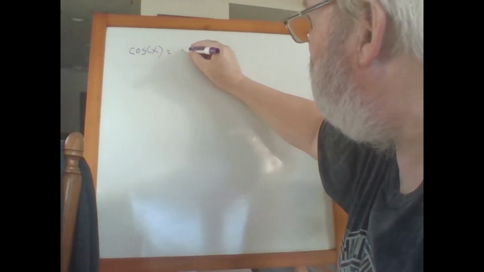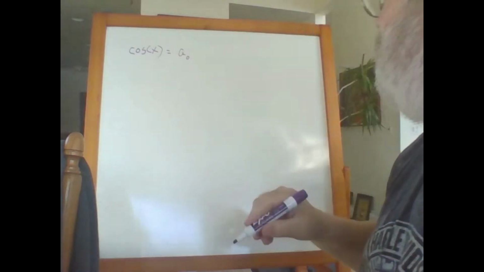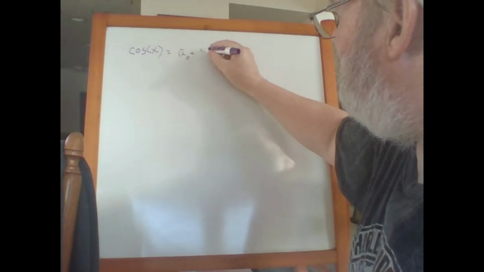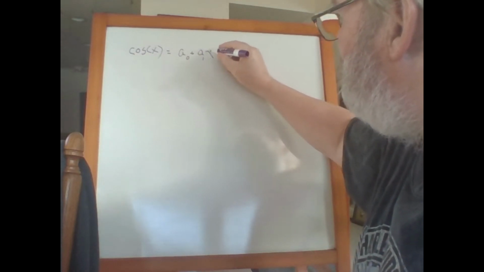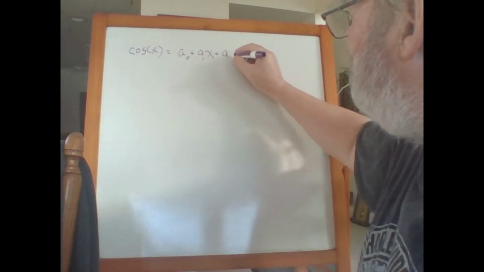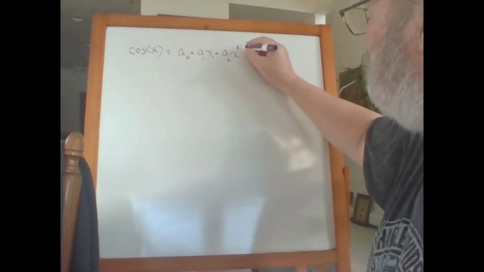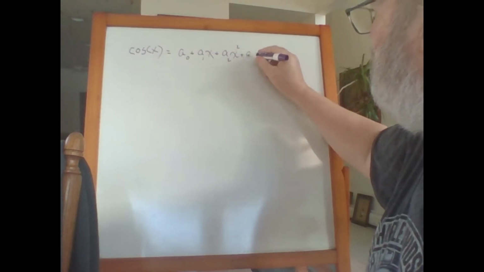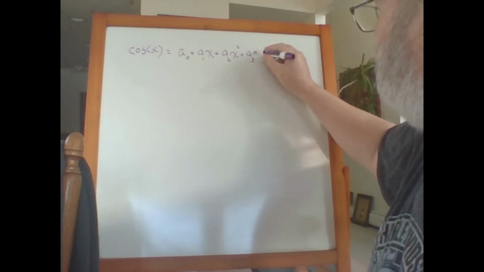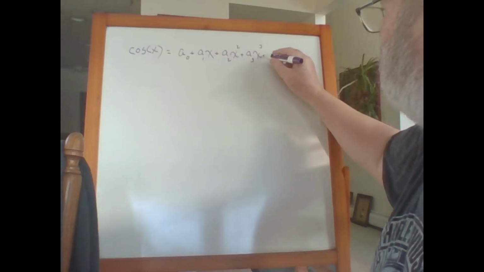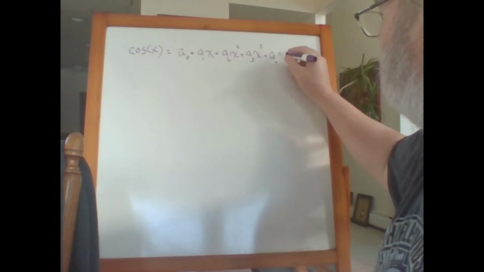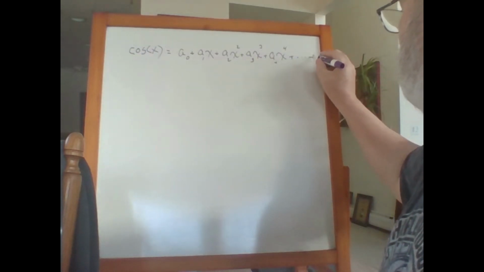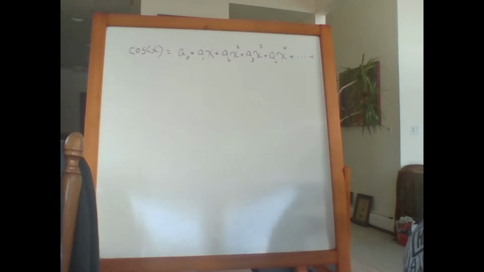So we're going to create an infinite series with coefficients a0 plus a1 x plus a2 x squared. That's a power series, plus a3 x to the third plus a4 x to the fourth plus on forever, because that is an infinite series.